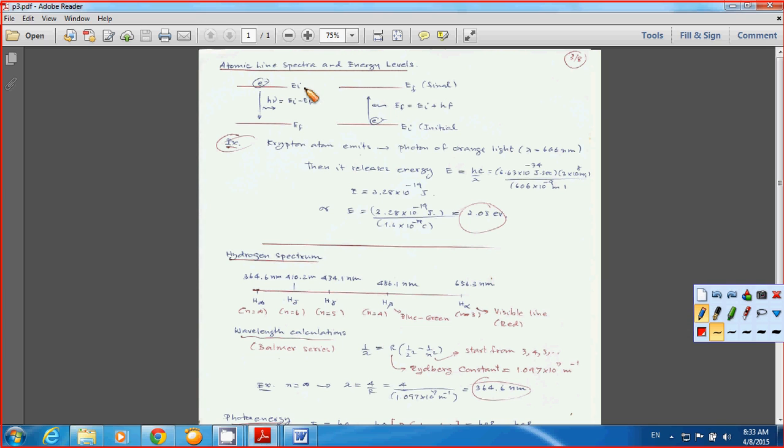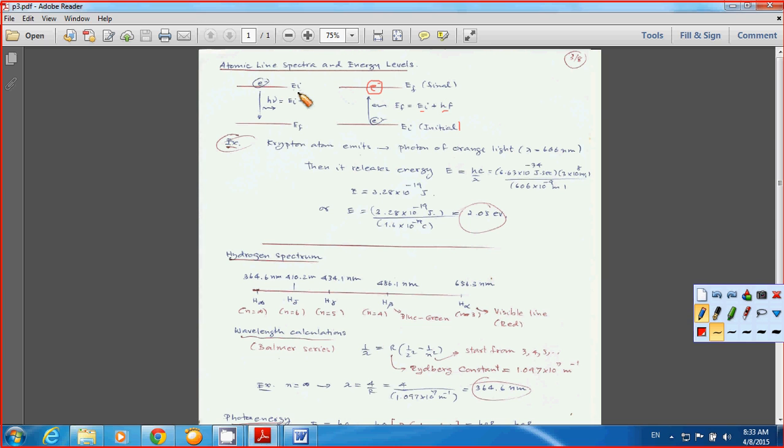Usually when an electron absorbs some energy, even in terms of a photon, it is going to be excited to a higher energy level. So for example, if the photon has energy hf, the electron is going to have energy Ei plus hf, and it's going to be at the final energy level.